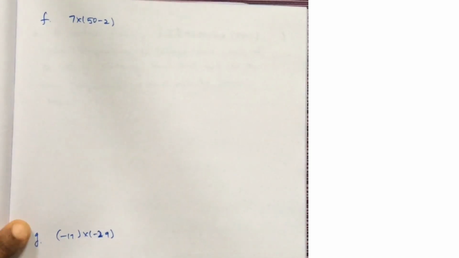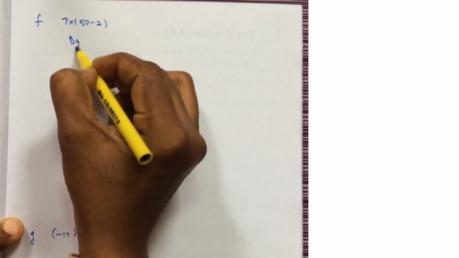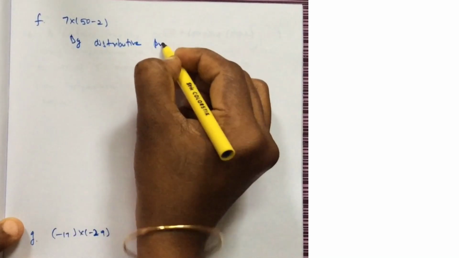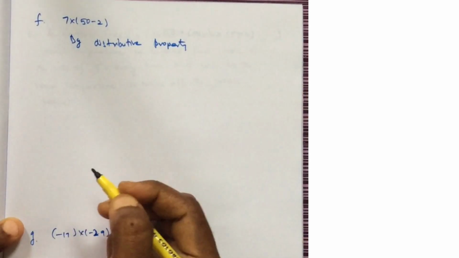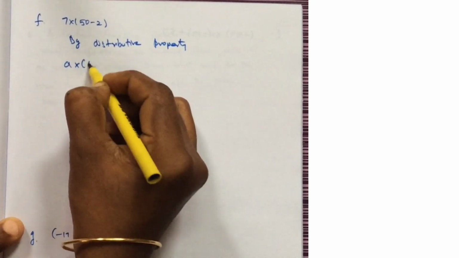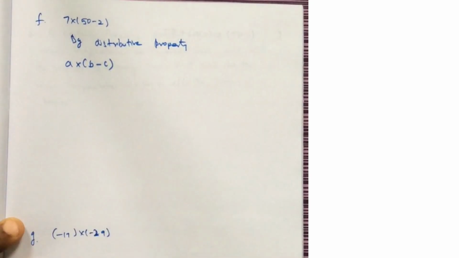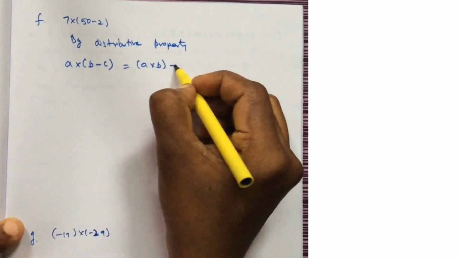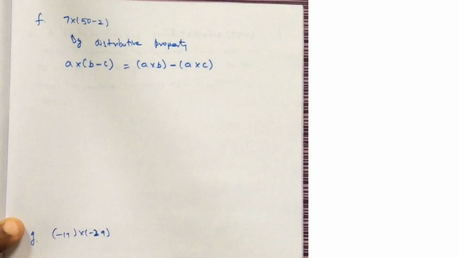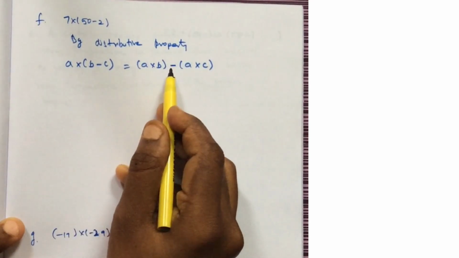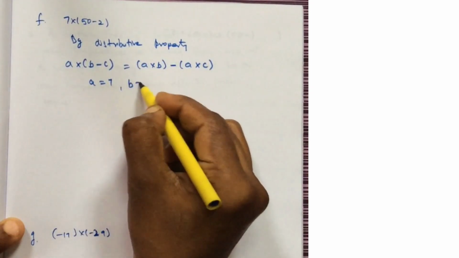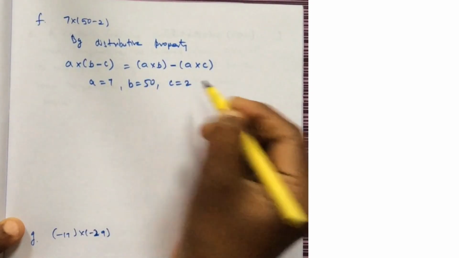The next problem is 7 multiplied by 50 minus 2. So by distributive property, we can see a multiplied by b minus c. This is what is given in the question, that is equal to a multiplied by b minus a multiplied by c. Okay, since it is minus, you have to put a minus here. Now what is a? It is 7, b is 50 and c is 2.